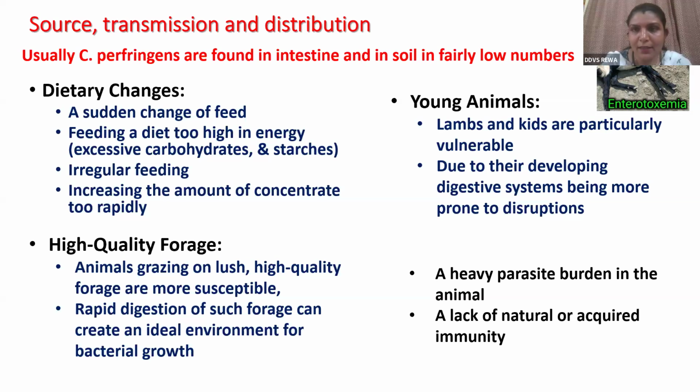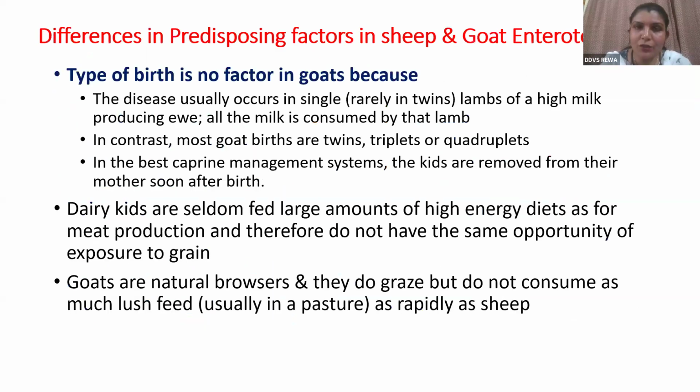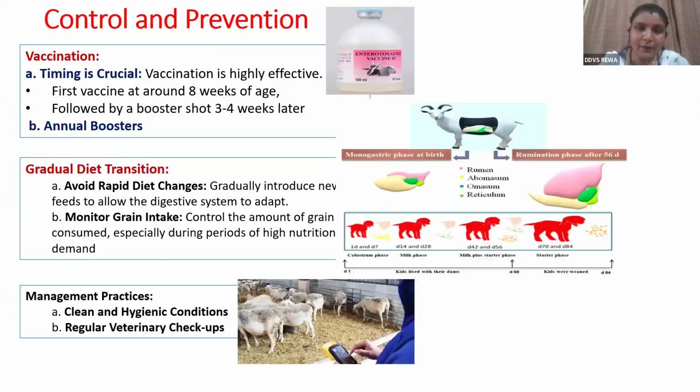But other factors like change in diet and ingestion of a large amount of high quality rough forages develop conditions which facilitate the overgrowth of this particular bacteria, and it releases the toxin which causes the pathophysiology of the disease. So these are the risk factors.